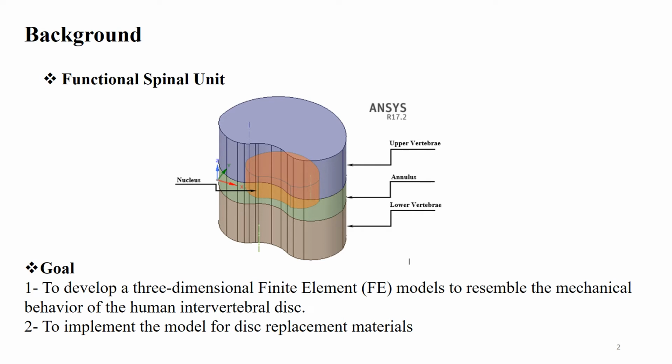First, I would like to explain what the functional spinal unit is. As shown in this figure, the functional spinal unit consists of upper and lower vertebrae with the intervertebral disc between these two vertebrae.